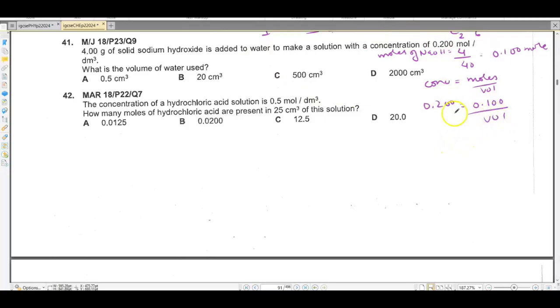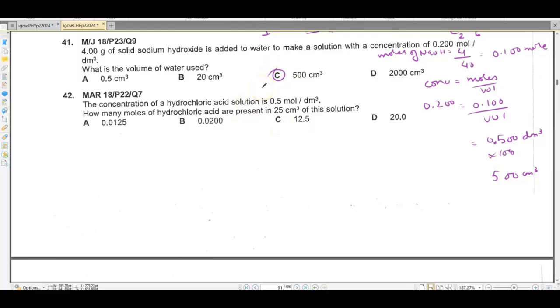So 0.100 divided by 0.200 is going to give us an answer of 0.500 decimeter cubes. But the answer is required to be in centimeter cubes. We are going to multiply it with 1000 and this is going to give us an answer of 500 centimeter cubes. So C is our correct option.